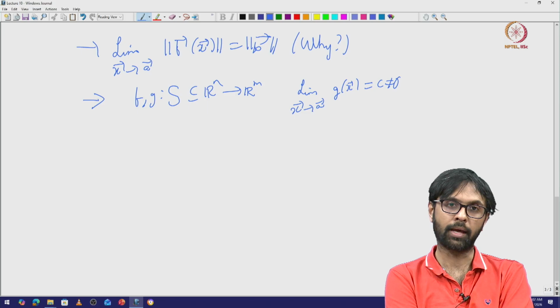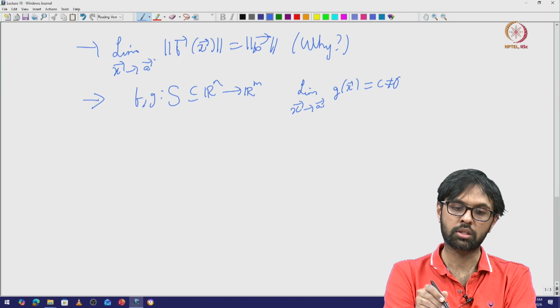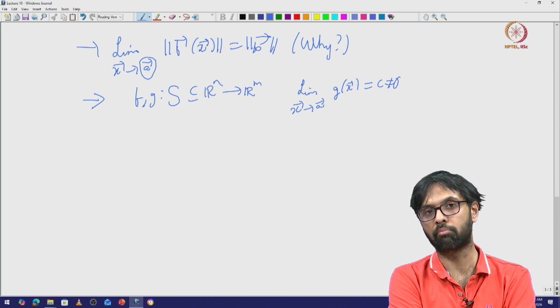The last time I told you that the limit of a function depends purely on the behavior of the function in some neighborhood of A. In other words, limit is a local property. It doesn't depend on how the function behaves very far away from this point.